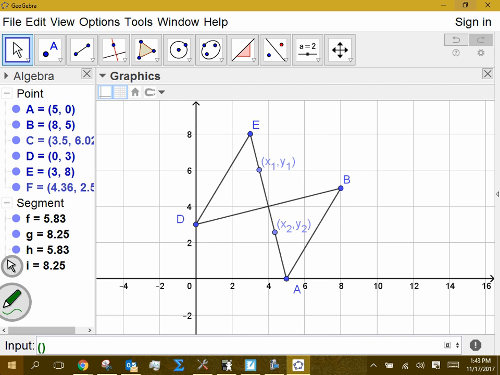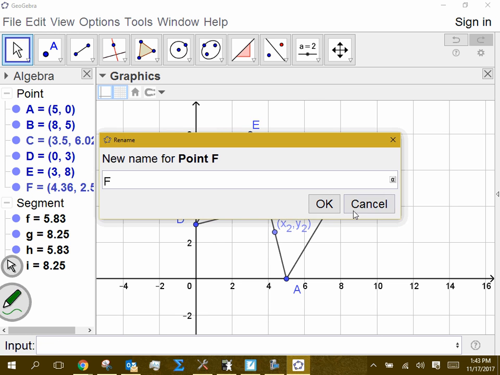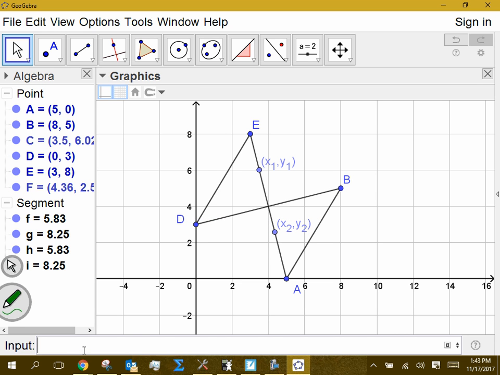Slope means y2 minus y1, right? So I'm going to take the y value from this point here, the y value from F, and I'm going to subtract from that the y value from this point right here, which is C. So that is the way in GeoGebra I would say y2 minus y1 for specific ordered pairs.